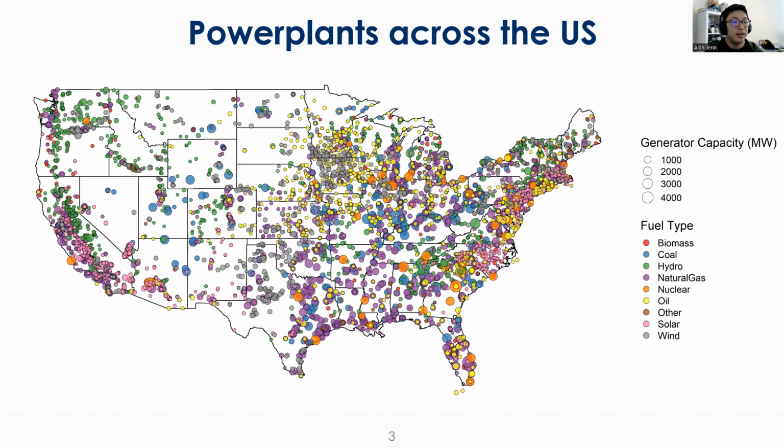Today, we're going to be focusing mainly on renewable sources of generation, as well as nuclear, which is why we're saying non-fossil as opposed to just renewables. Those you can see in this chart here in gray, which is wind, pink, which is solar. We're going to look at hydro, which is in green, and then nuclear, which is in orange.